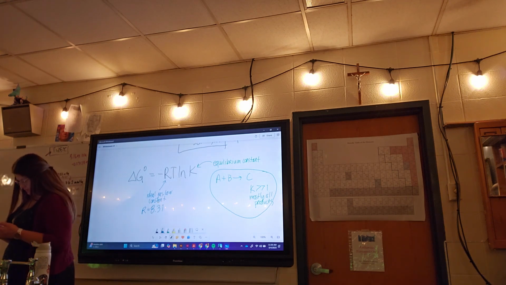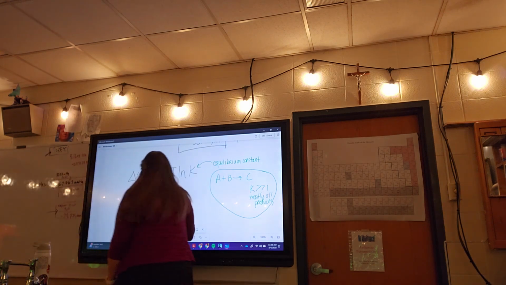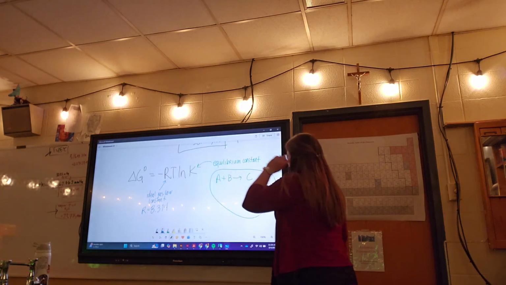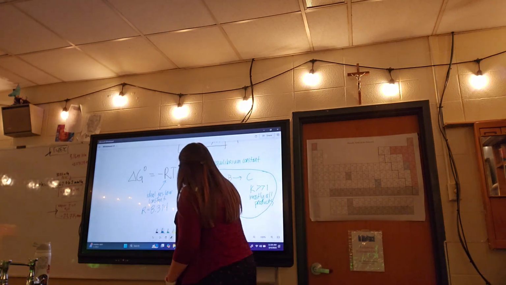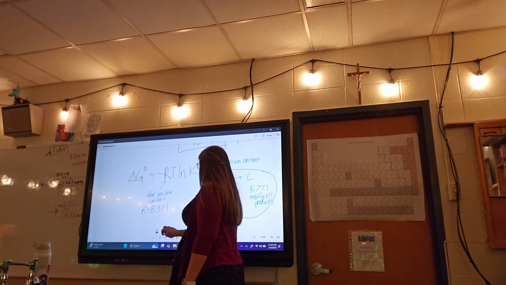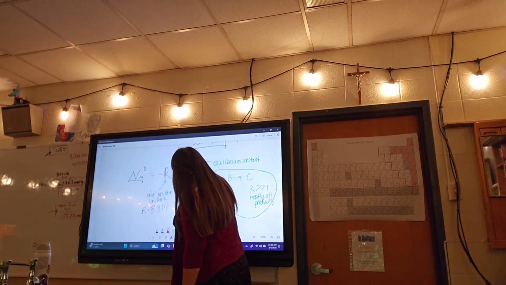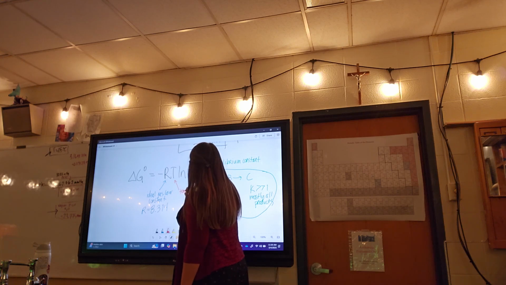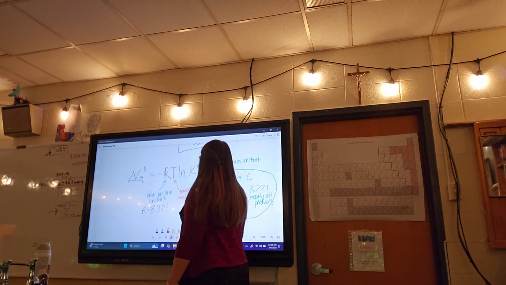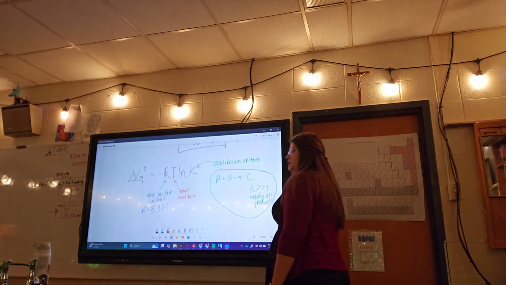Let me just make sure. Yep, that's right. The SI unit for pressure is not ATMs. T is temperature, but it also must be measured in Kelvin. And then ln is the natural log.